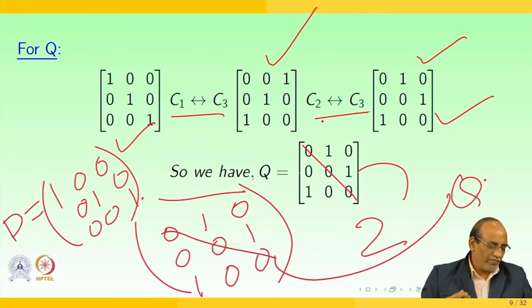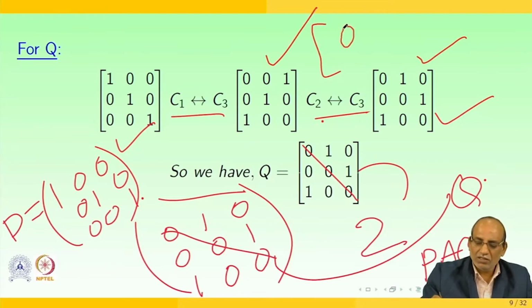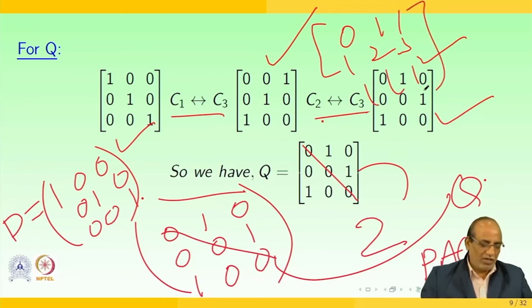Now we can very quickly verify what happens to the matrix PAQ. If you multiply, P is 1 0 0, 0 1 0, 0 0 1, and the coefficient matrix is 0 1 1, 1 2 3 and 1 1 1. And Q is 0 1 0, 0 0 1, 1 0 0.